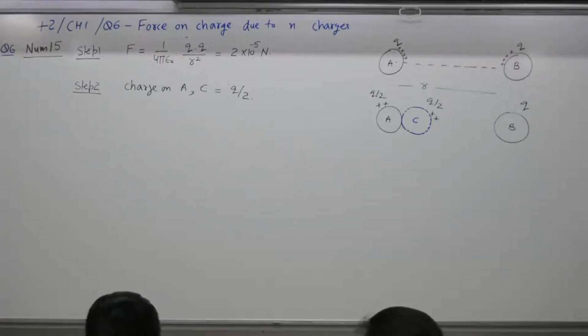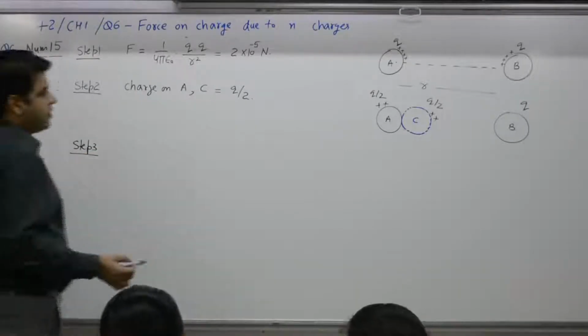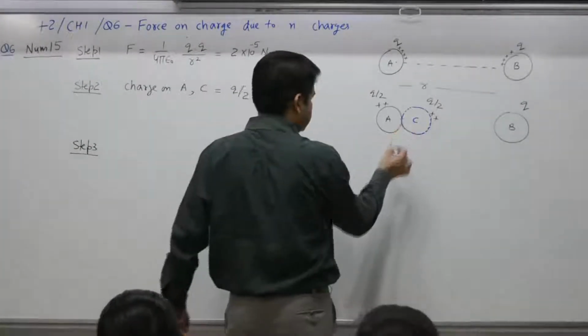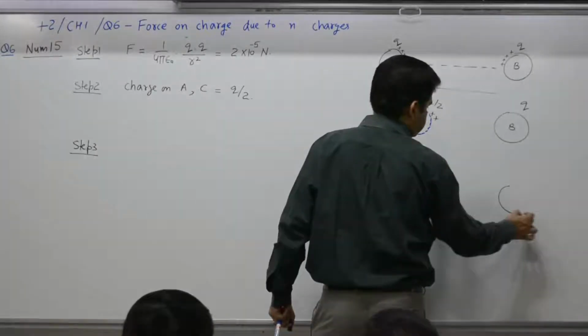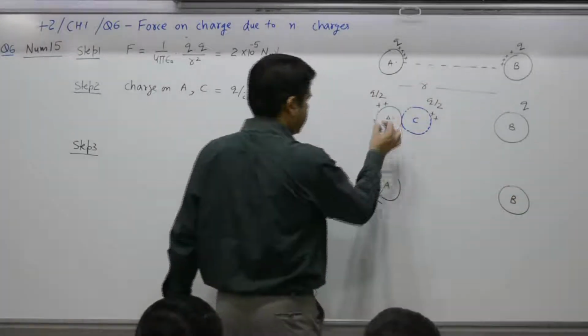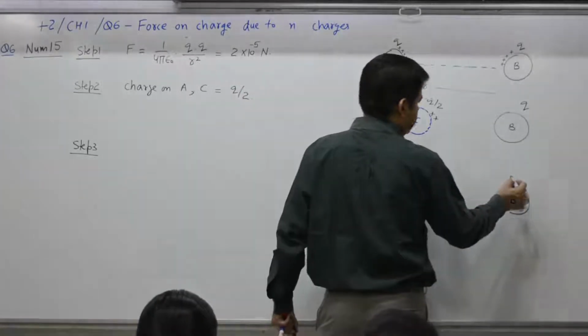Then what? Uncharged sphere C touches A and is then placed at the middle point between A and B. Step 3. You have to place this sphere, A, and this is B. What is the charge on A? Q by 2. What is the charge on B?